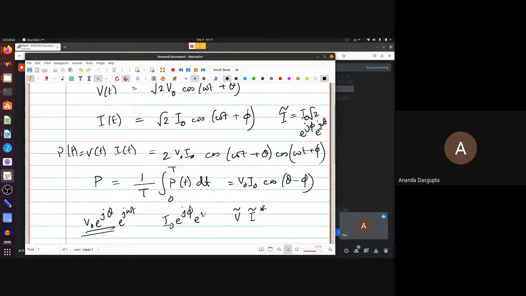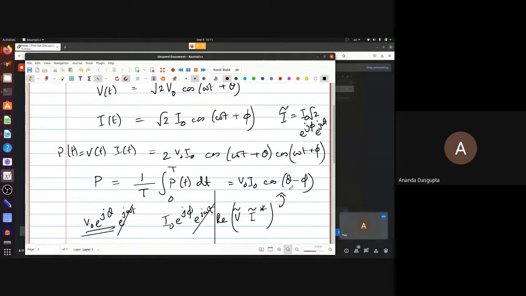First of all, that will cancel out the e to the j omega t between the two, because one will be e to the minus j omega t, the other will be e to the j omega t, and it will make this phase angle theta minus phi. So this, of course, is still a complex number. This is not the power. But notice that if you take the real part of this, you get exactly this.